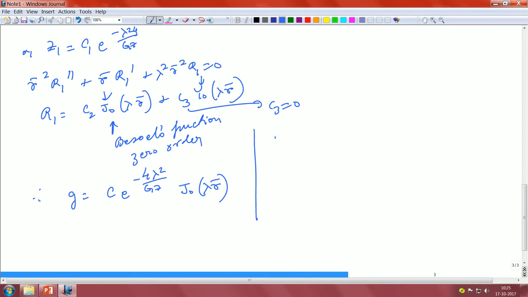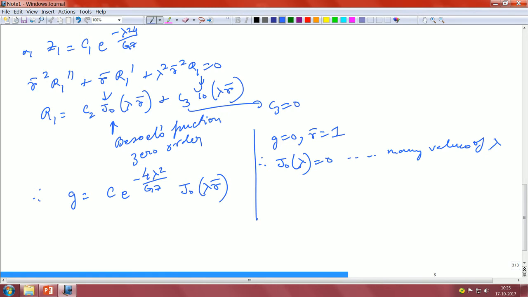Now, of course, you have G equal to 0 at R bar equal to 1, correct. So, this of course implies that J naught at lambda is equal to 0. There are many values of lambda.